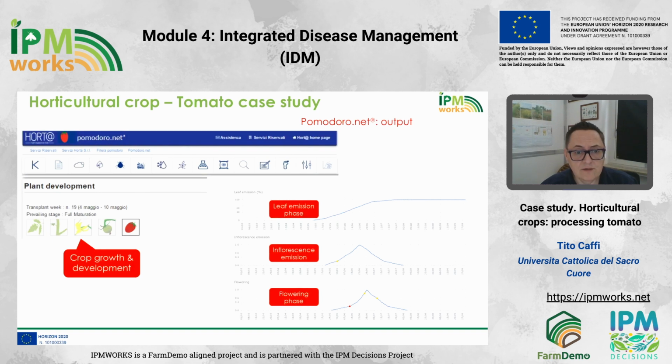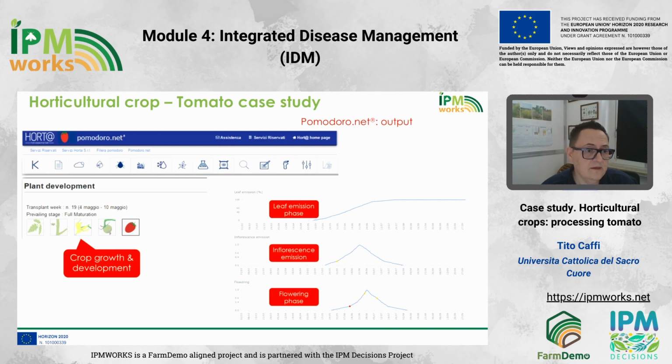Since the approach of multi-modeling is to put together as much information as possible, we have models for phenology.